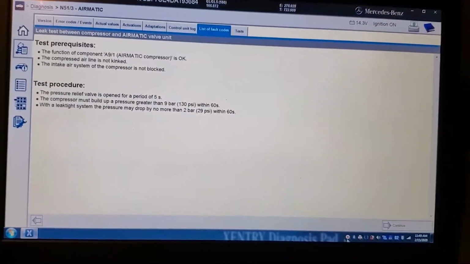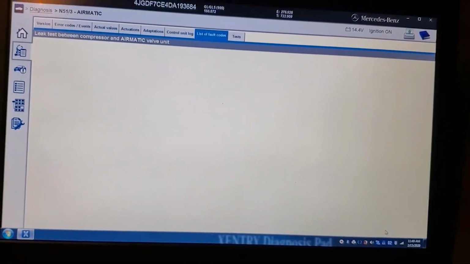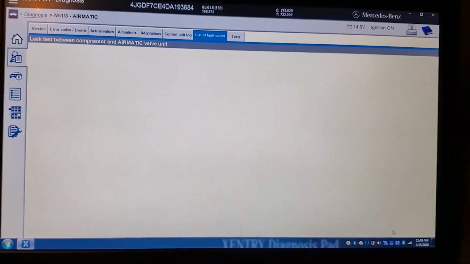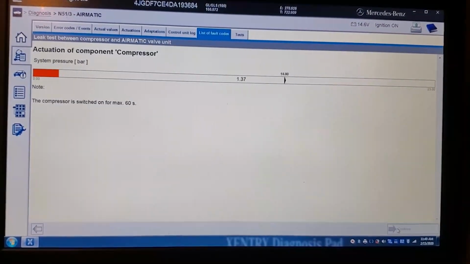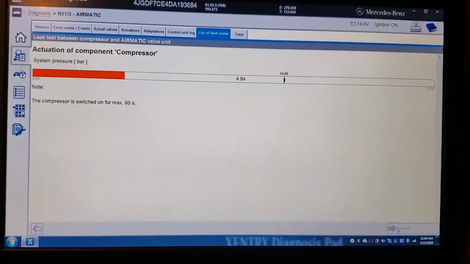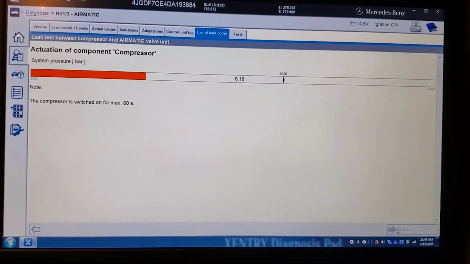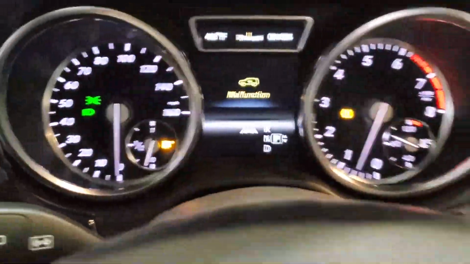I continue. Let's see. There's nothing. You see the compressor is on and there is no pressure built.